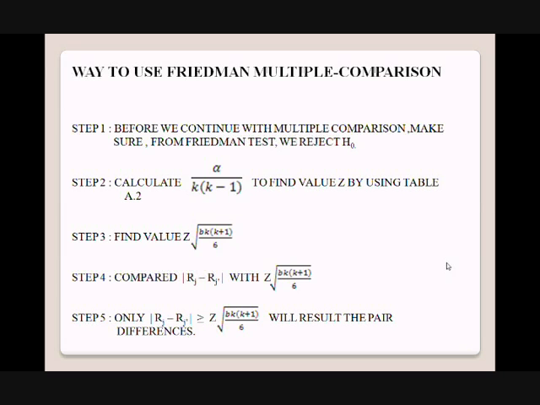Find the value of z times the square root of bk(k+1)/6. Step 4. We compare absolute Rj minus Rj prime with z times the square root of bk(k+1)/6. And finally, step 5. Only if absolute Rj minus Rj prime is greater or equal to z times the square root of bk(k+1)/6 will it result in a pair difference.